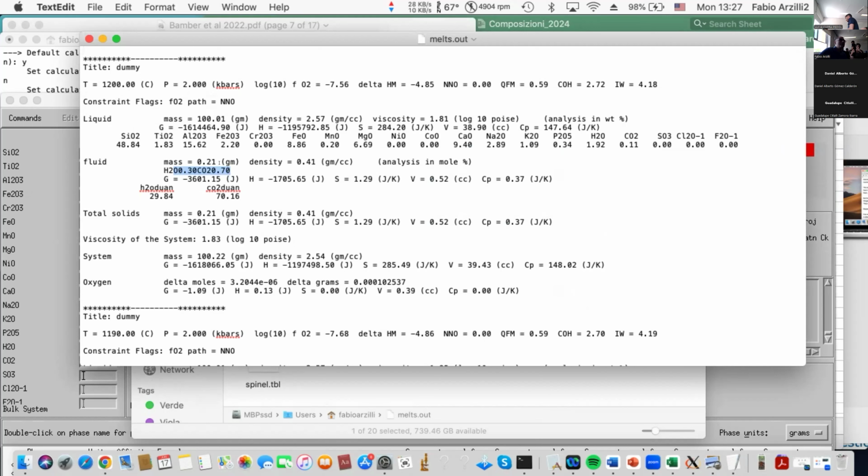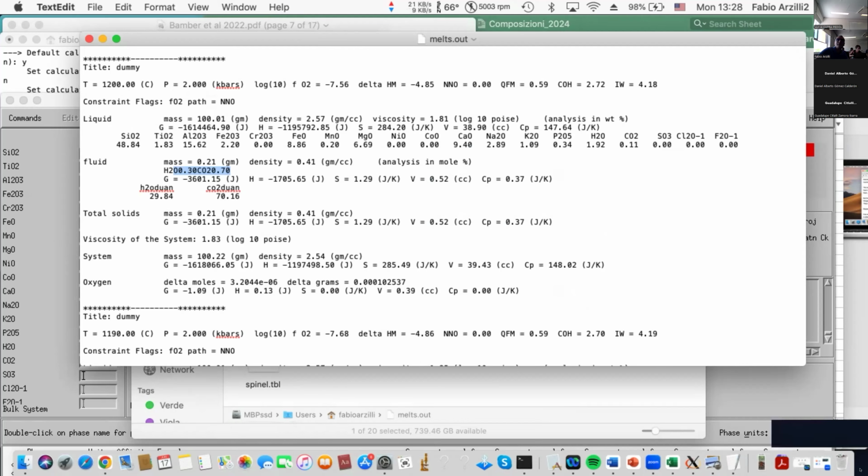We have mostly 70% CO2 and 30% water exhaled in this system. The solubility is 1.92 weight percent H2O and 1,100 ppm of CO2. That makes sense.